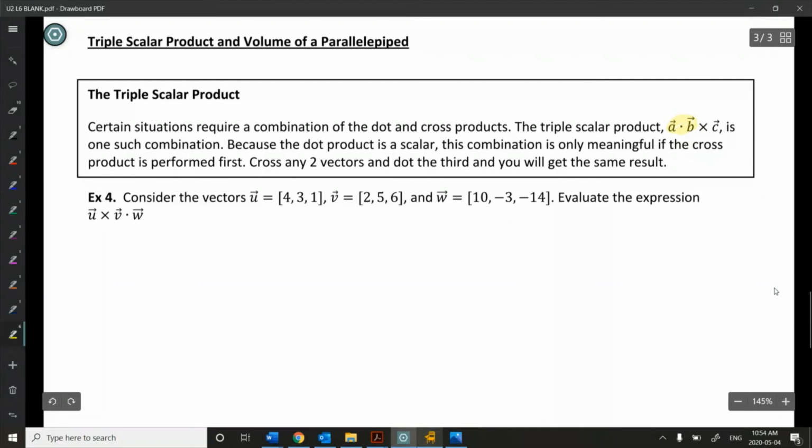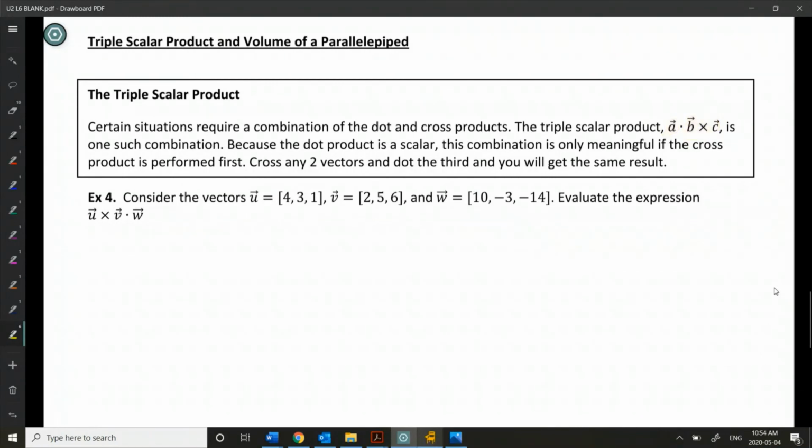Well, we know that the result of the dot product is a scalar, and then I would be trying to cross a scalar with a vector. That combination doesn't make sense. What we need to do first is the cross product of the two vectors, which has a result of a vector. Then I can dot that vector with vector A, and the result should give us a scalar.